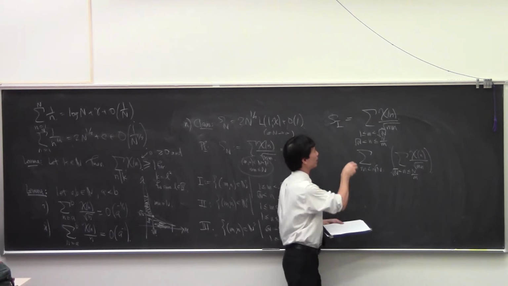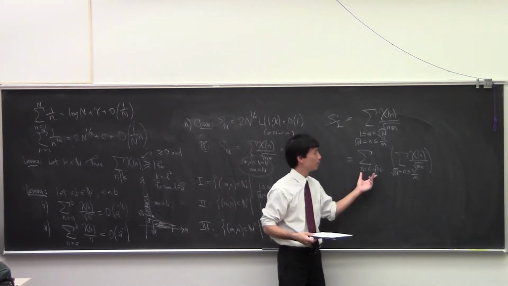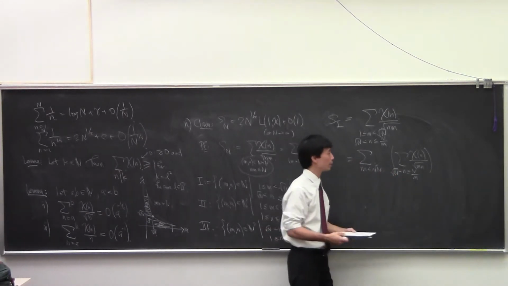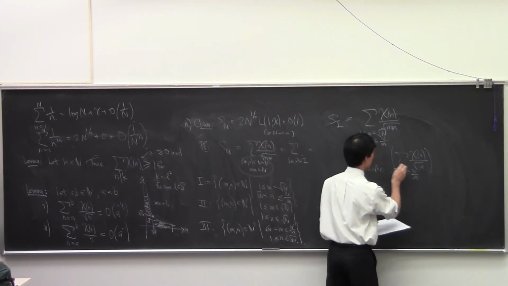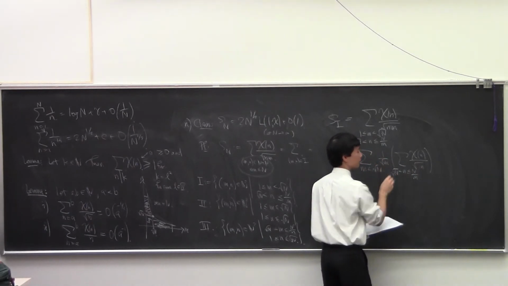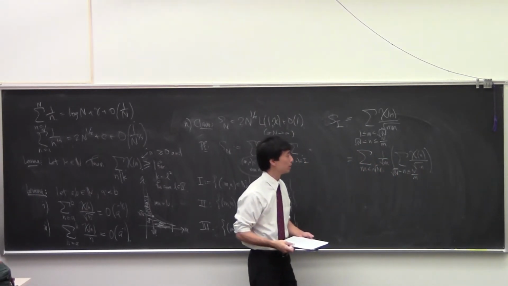We can pull the m-dependent factor out because it is constant with respect to that sum.